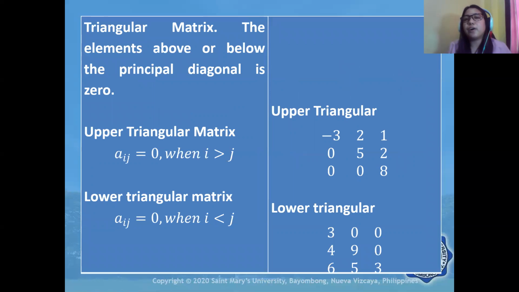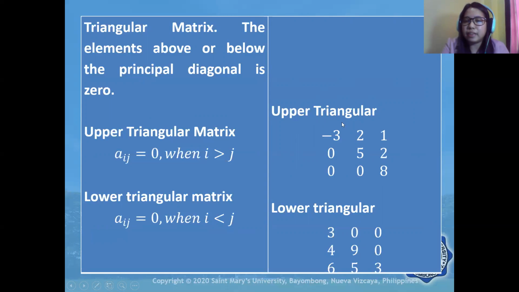For a triangular matrix, the elements above or below the principal diagonal are 0. So we have an upper triangular matrix and a lower triangular matrix. For the first one, the upper triangular, if you notice here, all the values below are equal to 0.